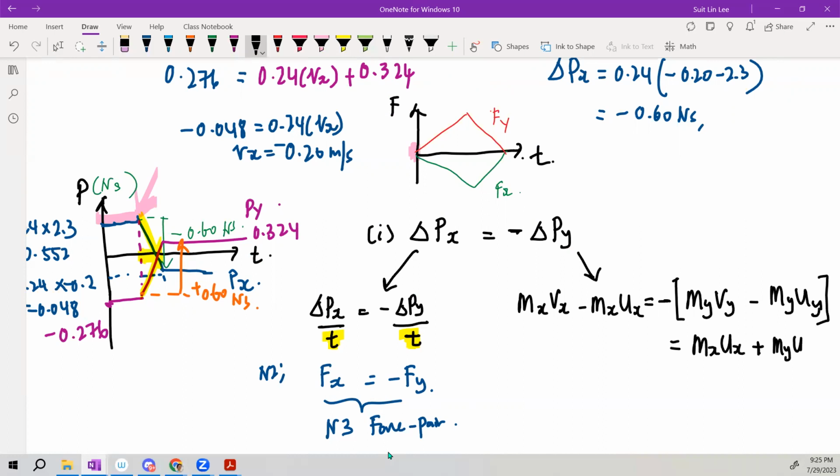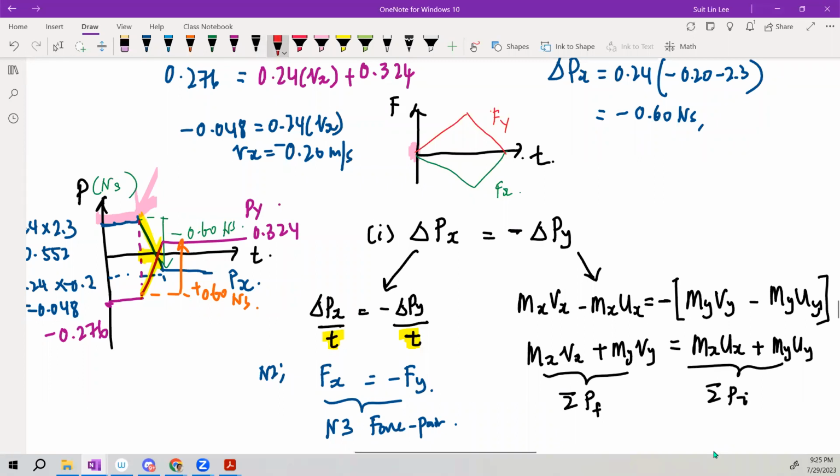My uy. And then on the other side, mx vx plus my vy. So this looks like the sum of the final momentum, and this looks like the sum of the initial momentum. So the sum of final momentum is the sum of initial momentum. This is conservation of momentum.